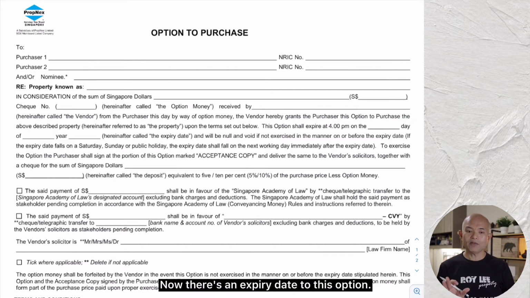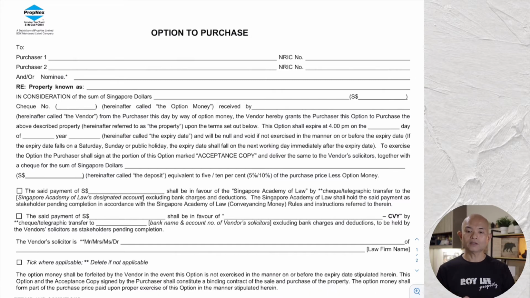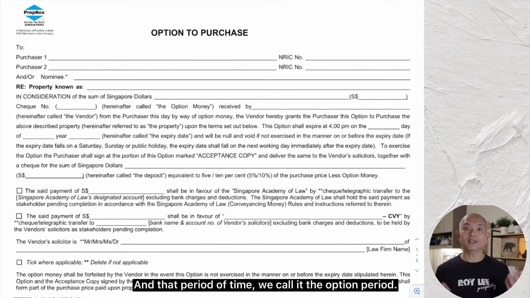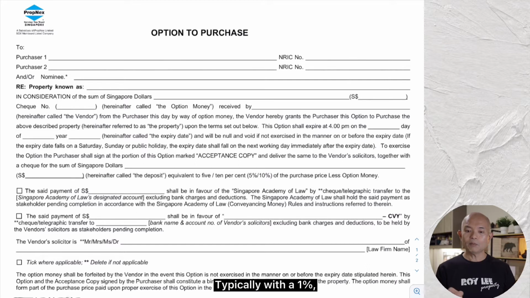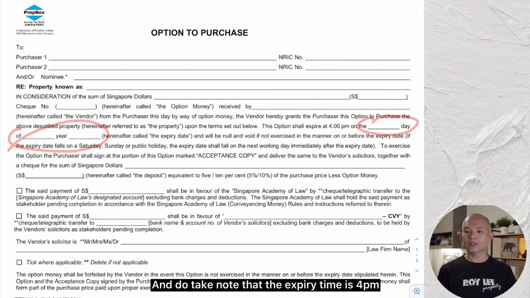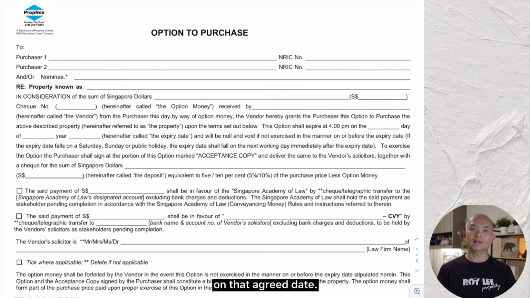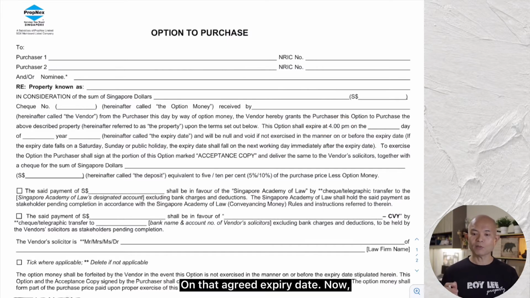Now there's an expiry date to this option, and that period of time we call the option period. Typically with 1%, the option period is 2 weeks. So with that agreed date, you have to write it down over here. And do take note that the expiry time is 4 p.m. on that agreed expiry date.